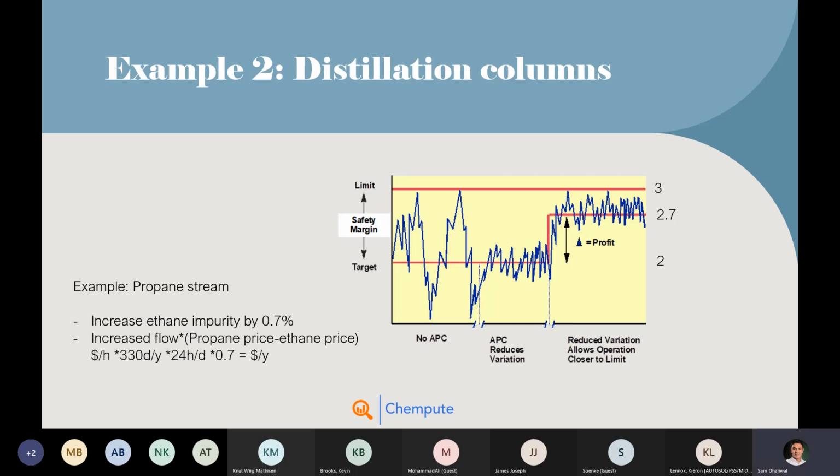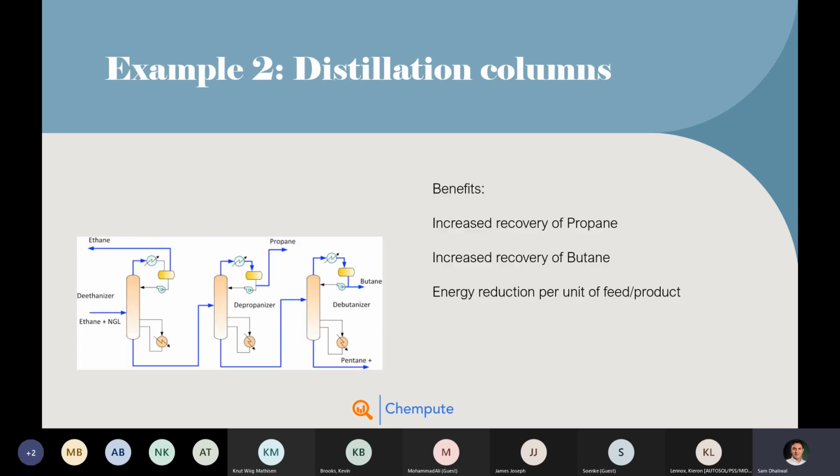And that's really the objective, to calculate this number.